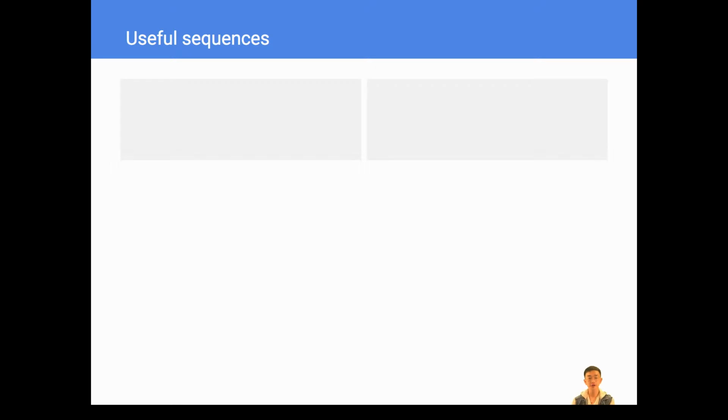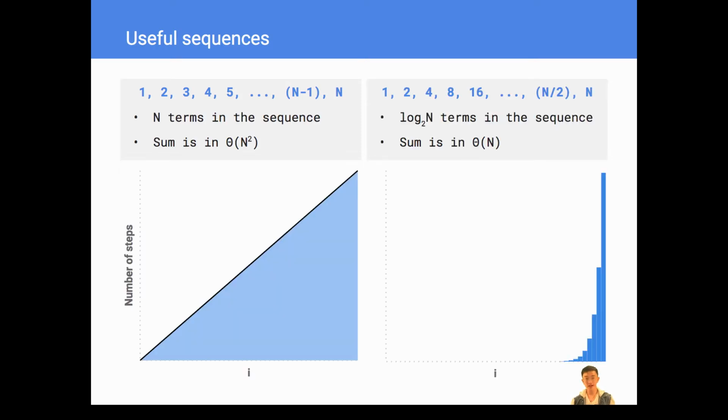And remember, since we're doing analysis, there are a couple of sequences that you may find really useful in this class, or when you're doing runtime analysis. The first one is a sequence starting from 1, 2, 3, 4, all the way to n, where each number has the same difference from the previous one.